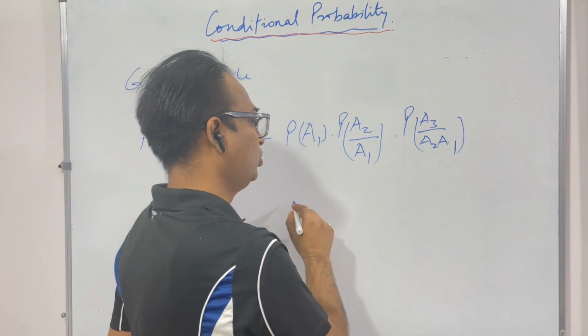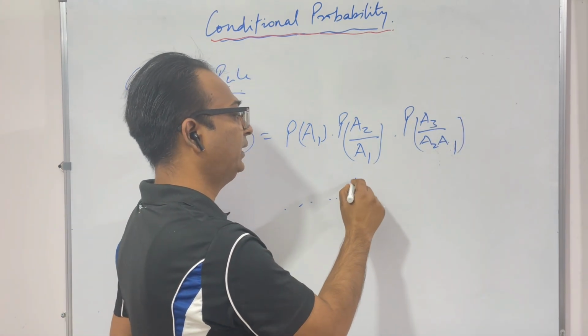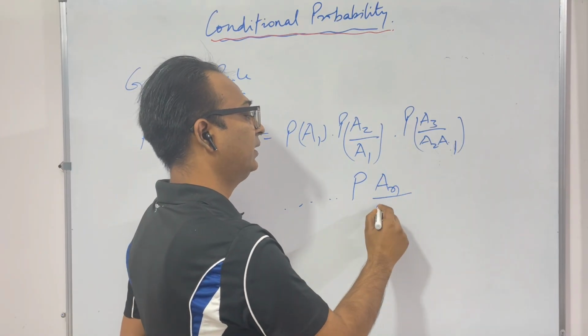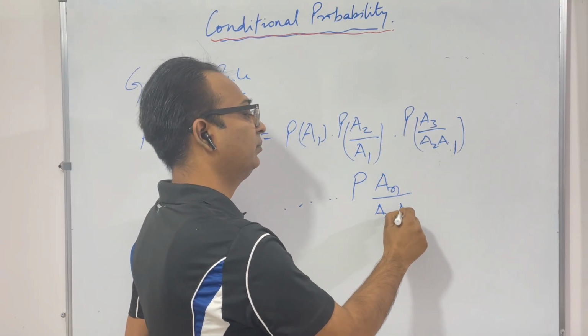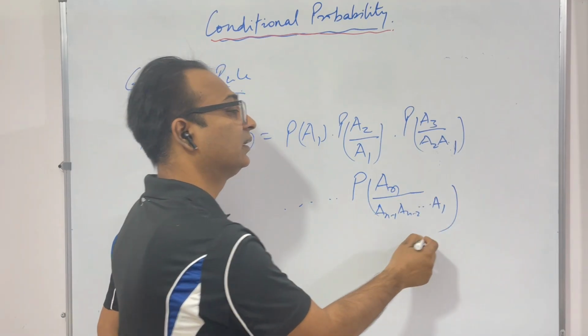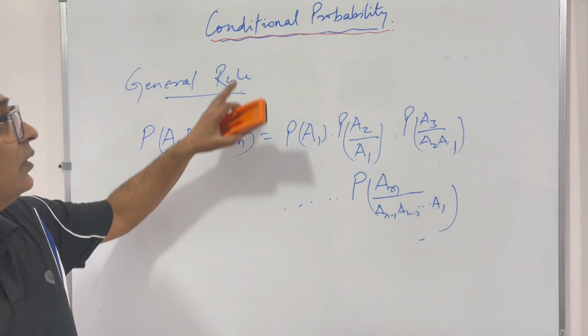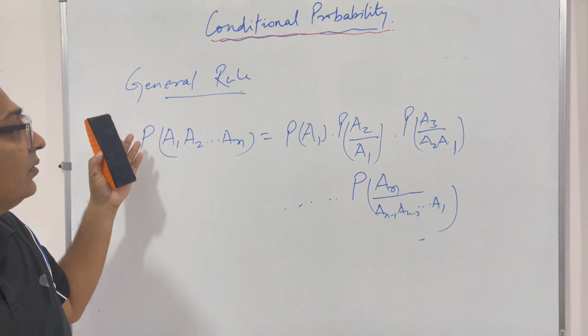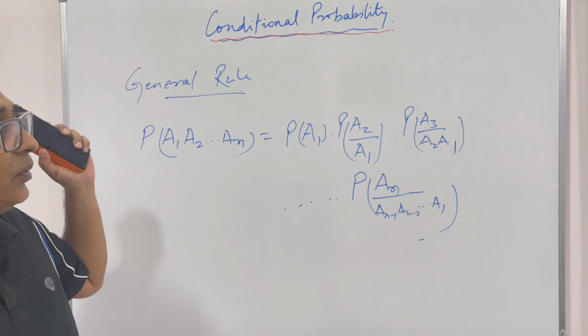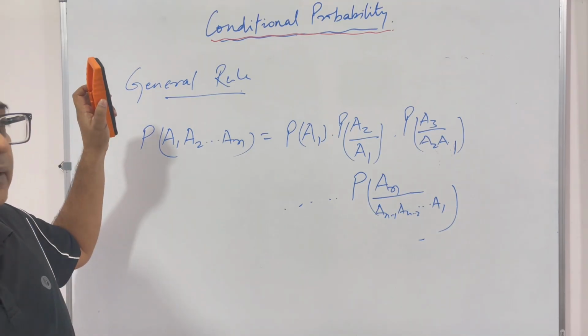Okay, and so on up to the point where we will have P of AN when AN minus 1, AN minus 2 and so on to A1 have already occurred. So this is the general rule for conditional probability. If we will have more than 2, 3, 4 events, we will be using this formula. Clear?